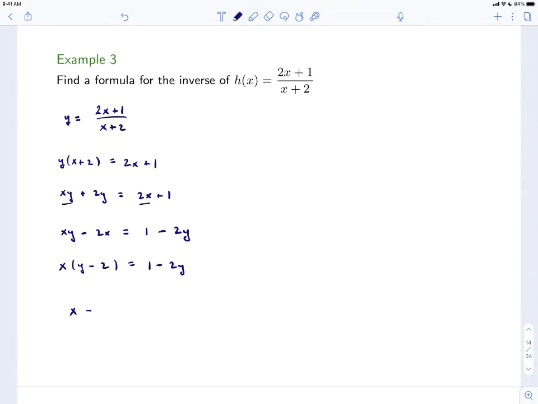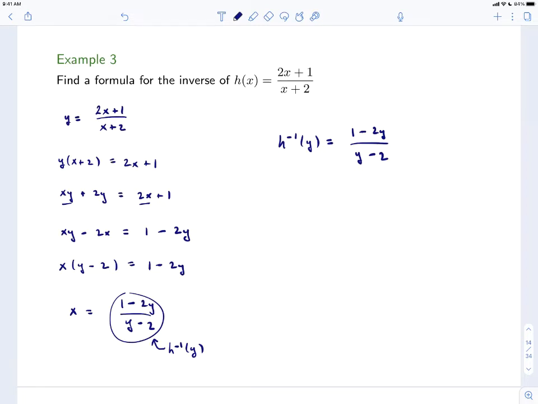So x is equal to 1 minus 2y divided by y minus 2. And again, whatever x is equal to, that's the formula for the inverse. So in this case, we're looking at h inverse of y. So h inverse of y is equal to 1 minus 2y divided by y minus 2.